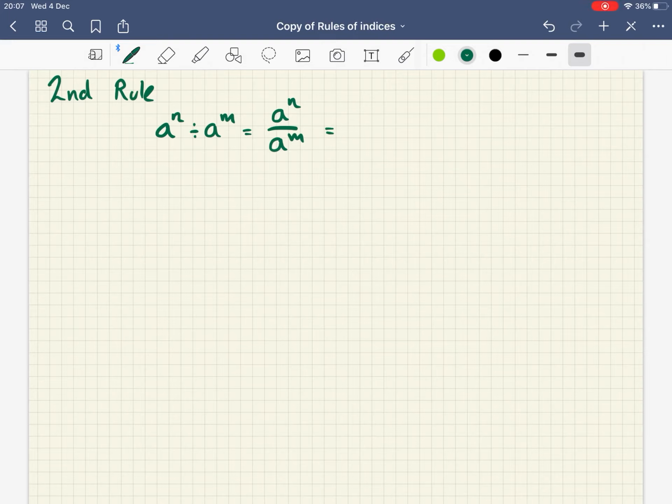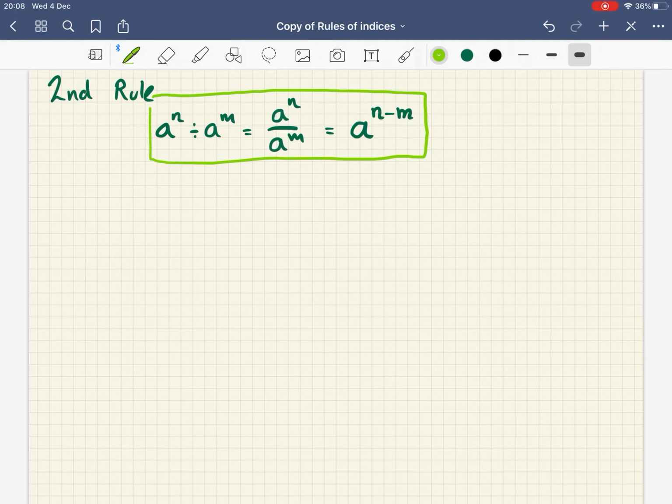And now think, when I multiplied, I added the powers. So when I divide, and dividing being the opposite of multiplication, that means I'm doing the opposite of addition. So I am doing n minus m. So it is just the opposite of a multiplication. This time I just subtract.